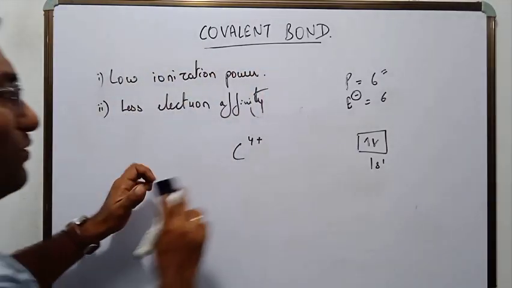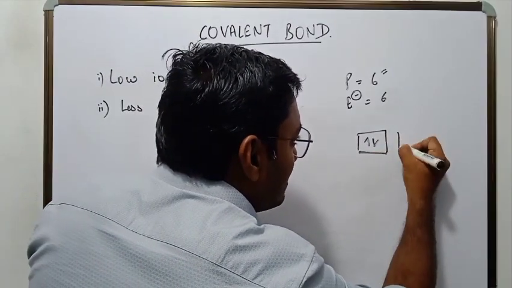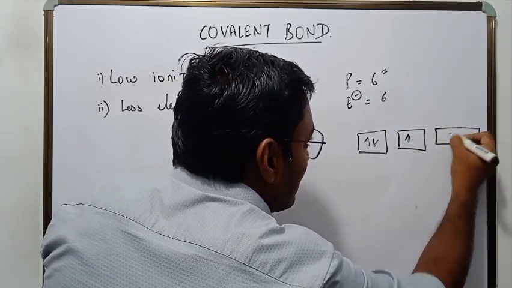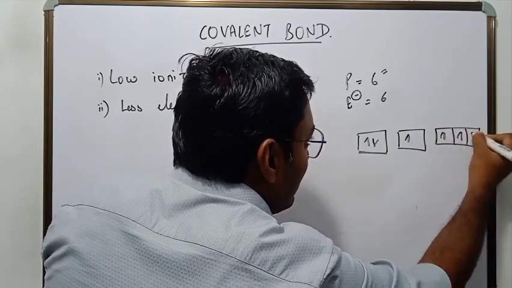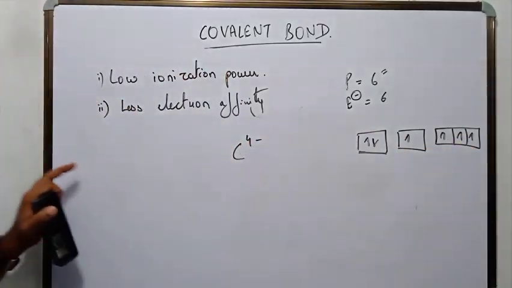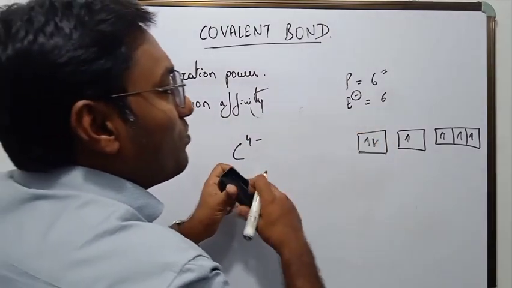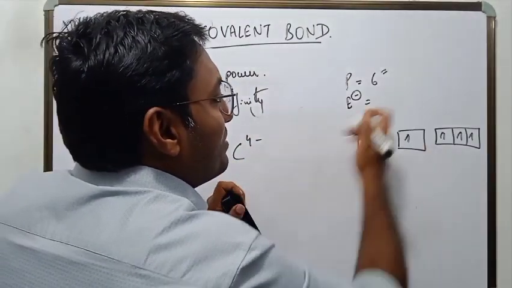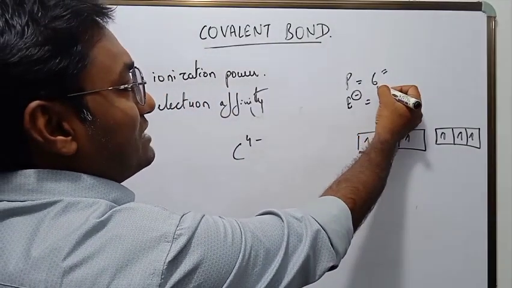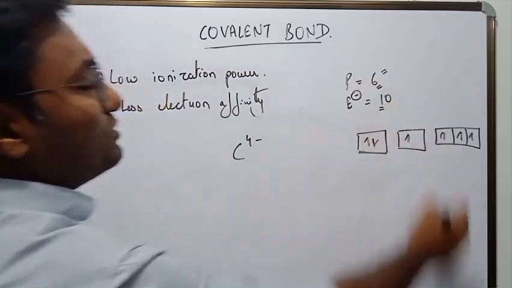Okay? Now let us see the other scenario. Assume that it is gaining 4 electrons. In that case, it will become C4-. So if it gains 4 more electrons, the number of electrons would become 10. The proton number is constant. 6 protons would never be able to accommodate 10 electrons in its orbit.